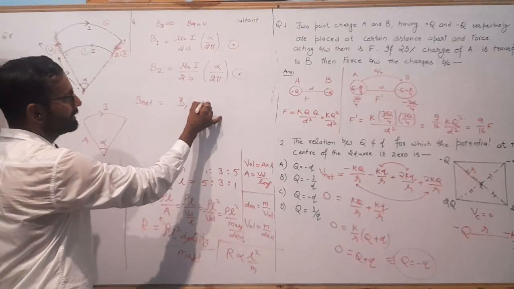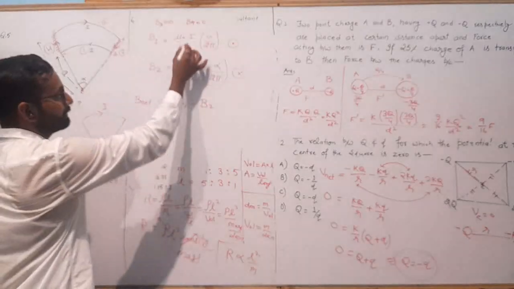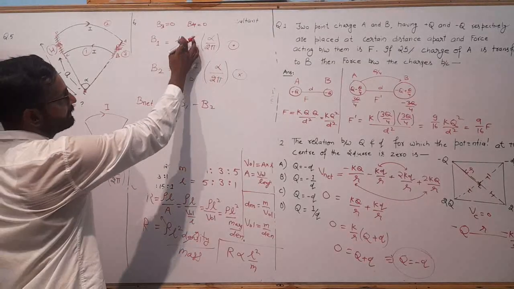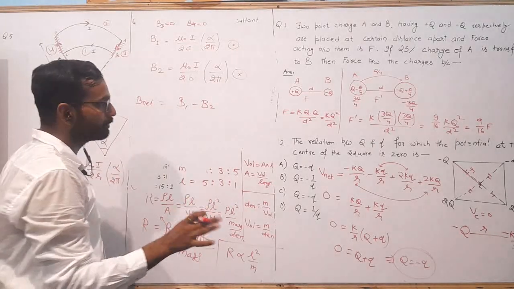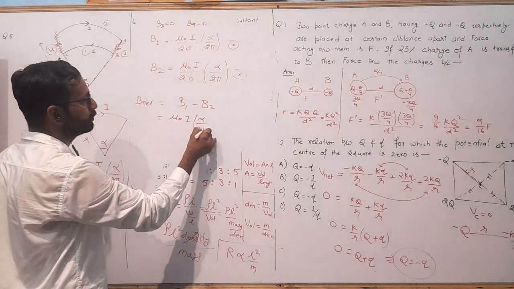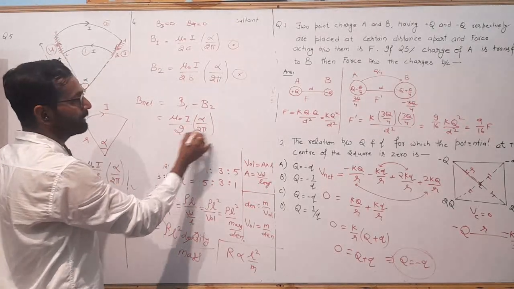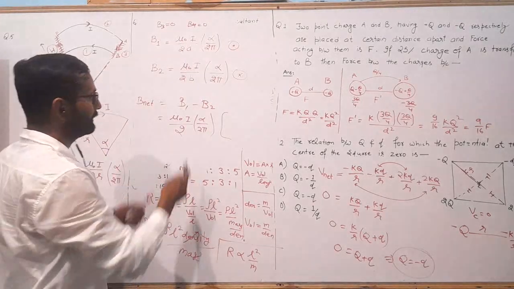So B1 minus B2. Put this value here and this value here. Think carefully. All are common things. Let's suppose mu naught I, in bracket alpha upon 2 pi upon 2 is common.